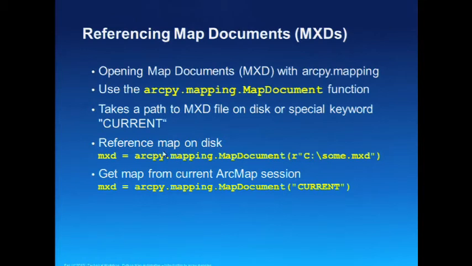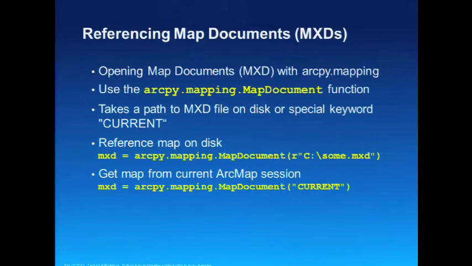So if I reference a map document on disk, I just simply pass in some path to some MXD. Also, again, really good for learning and for testing your code and your logic before trying to run it in this external IDE.